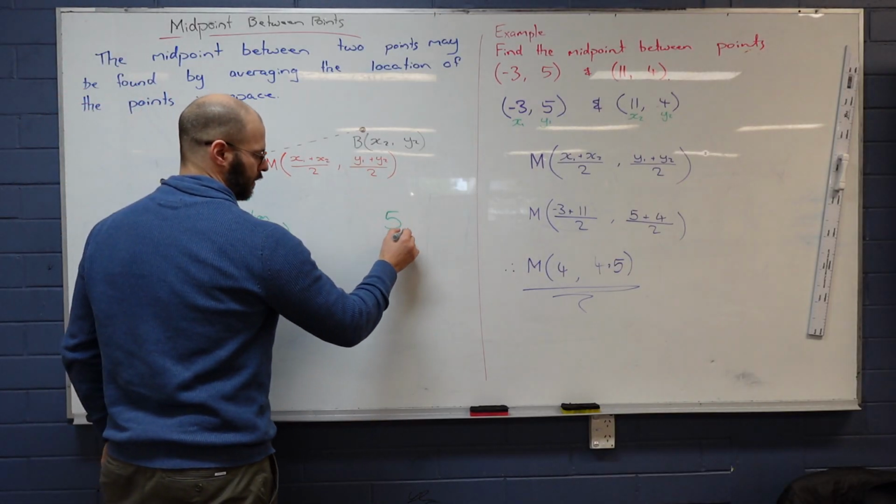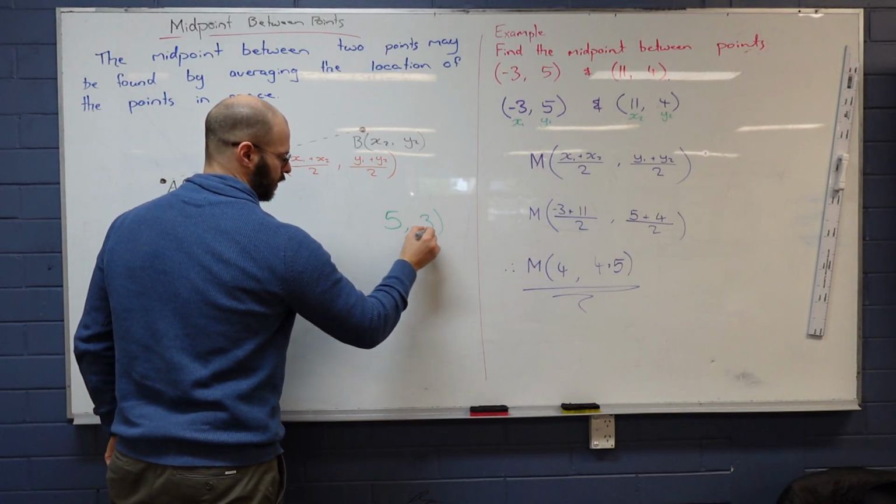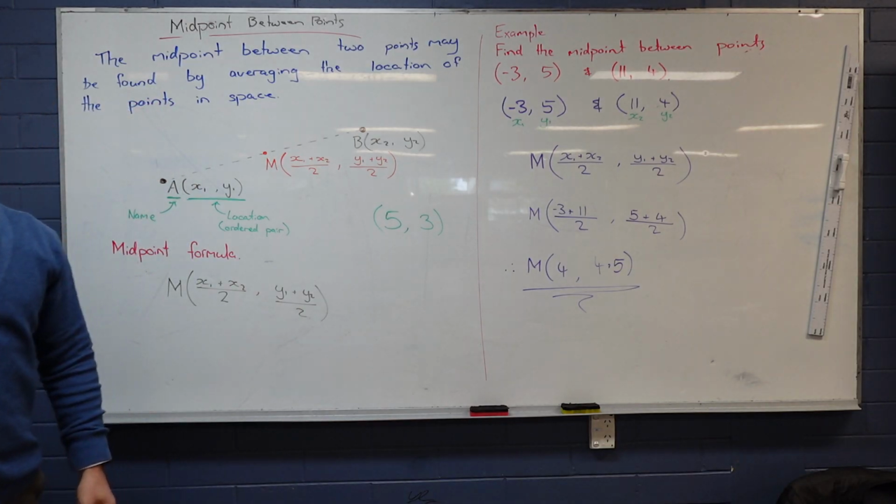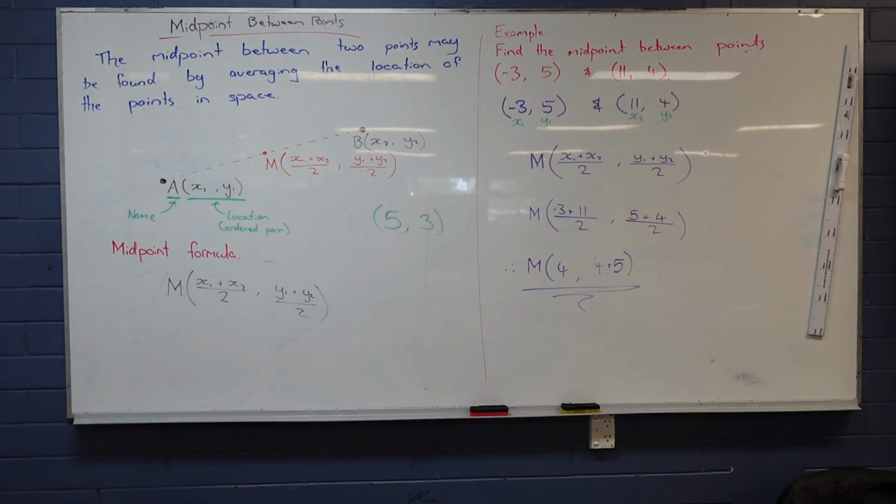But now I have brackets and there are 2 numbers separated by a comma. That's called an ordered pair. It's a pair of numbers. When we're doing the midpoint formula, we're always expecting to get an ordered pair, or 2 numbers separated by a comma, because there are 2 values there. One represents our location on the x-axis, one represents the y-axis.